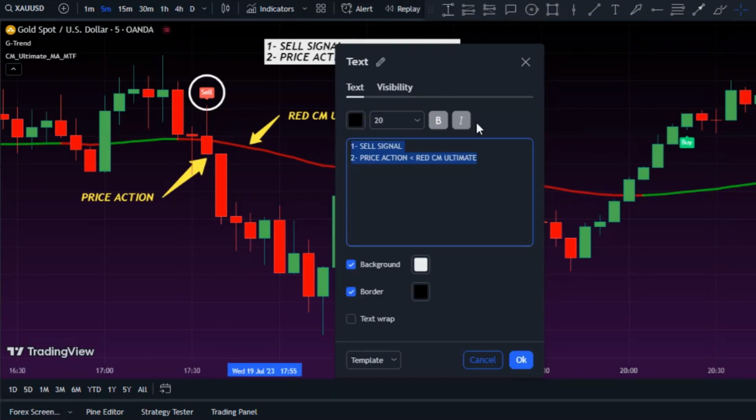And finally, the WAE indicator will need to confirm the sell signal.